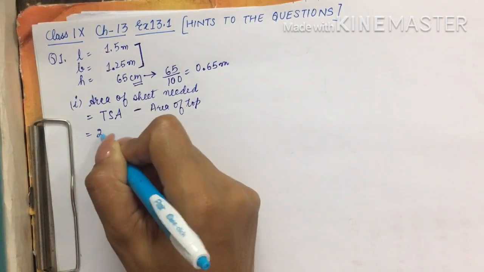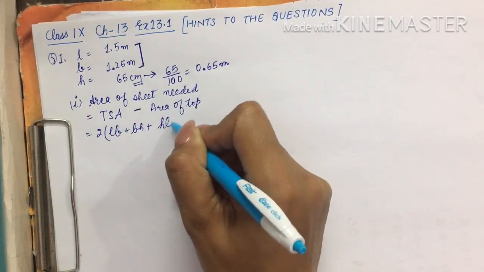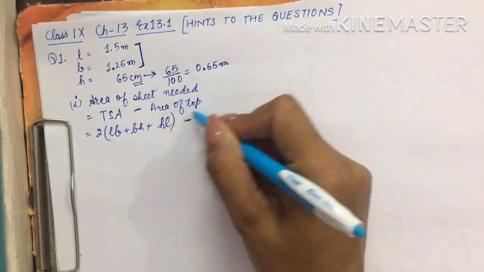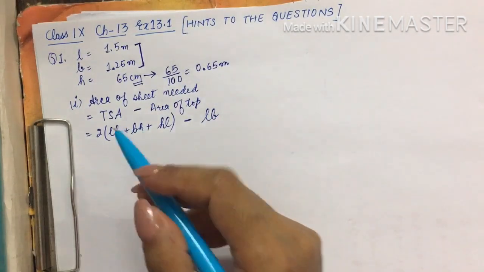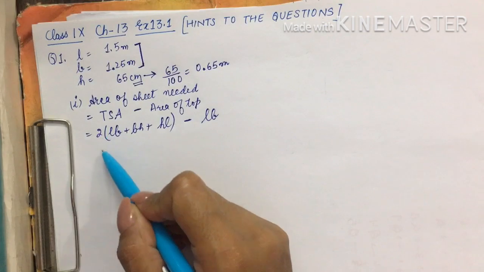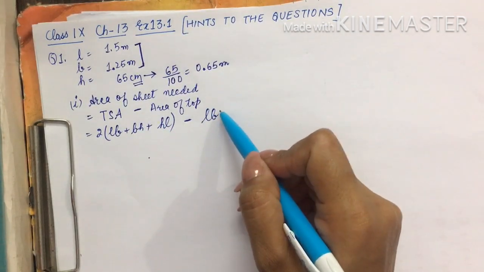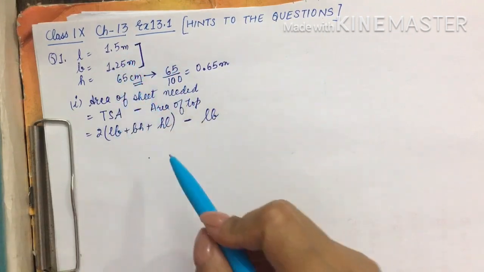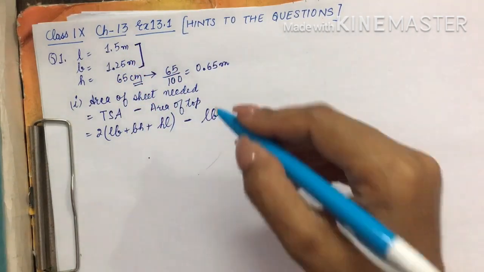So for the total surface area, the formula is 2 times (LB + BH + HL). From this, the area of the top, which is given by the product of L and B, will be subtracted. So I will be using the values in this expression, solve it. I'll solve the product LB using the values from here, and then I'll subtract the 2 answers in order to obtain the area of the sheet.